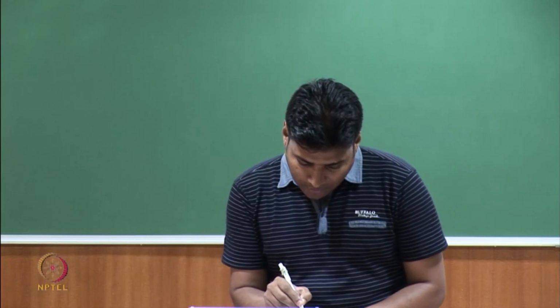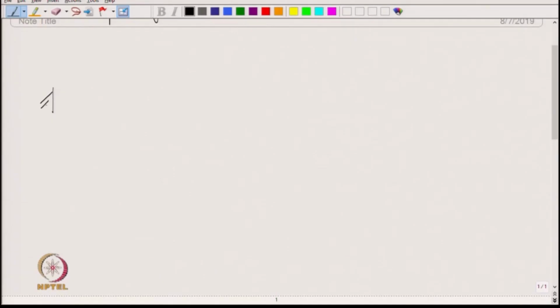So, suppose we have a horizontal bar and we apply a force F to this bar and we measure the change in length. So, the original length is L, the big L. After we have applied the force, let us say the length becomes small l.